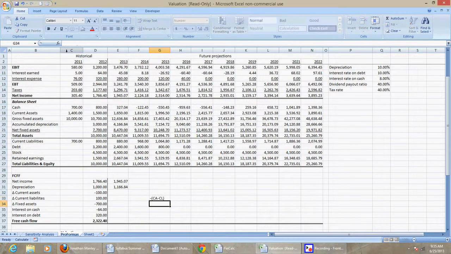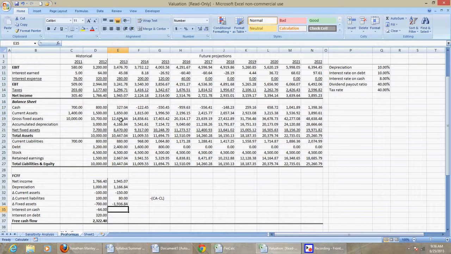So we're going to do that calculation, which means we're going to have the current assets from last year minus the current assets from this year. For current liabilities, it's going to be current liabilities of this year minus current liabilities of last year.